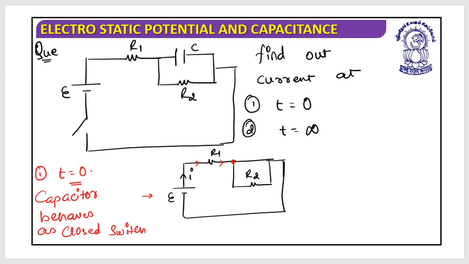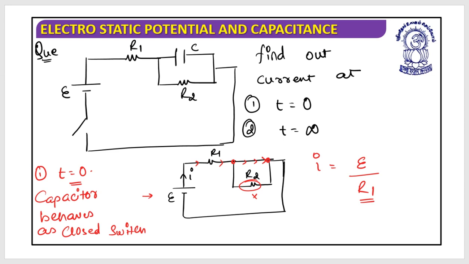Here it will have two paths, and as this path has no resistance, it will choose this one. So it cannot go through R2. So when I write the current, I should write I equals E divided by R1. I hope these things are clear.